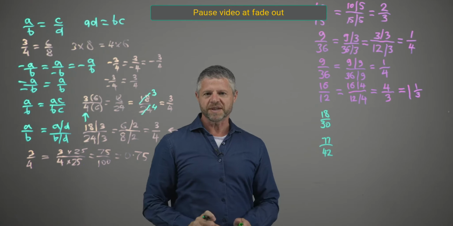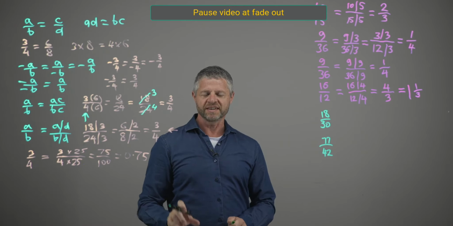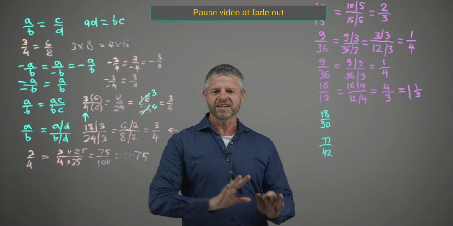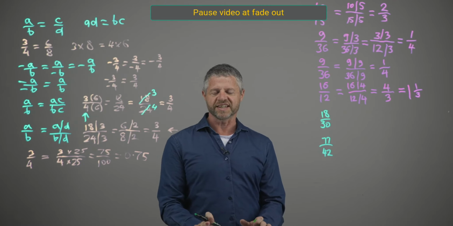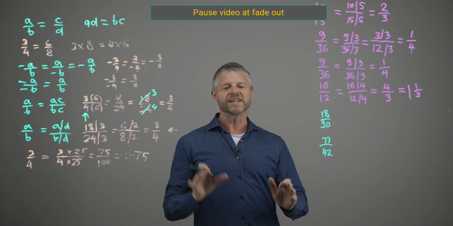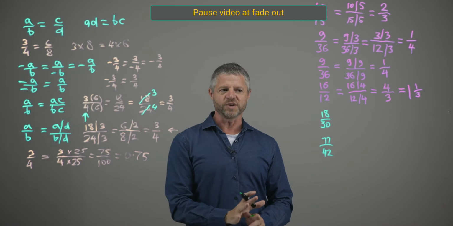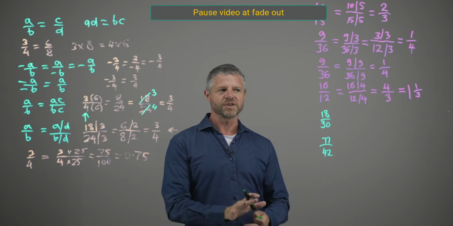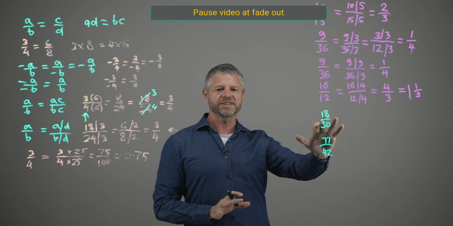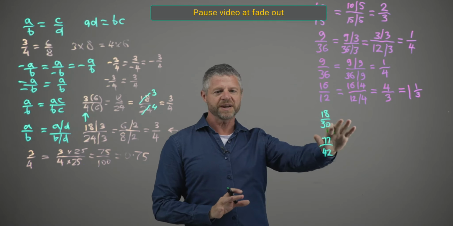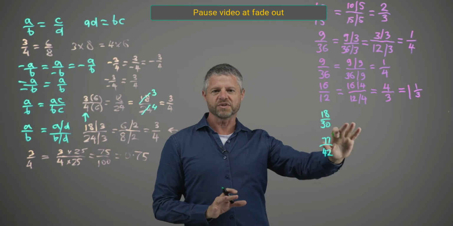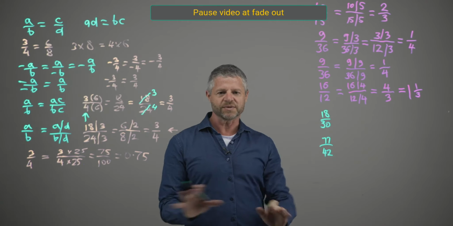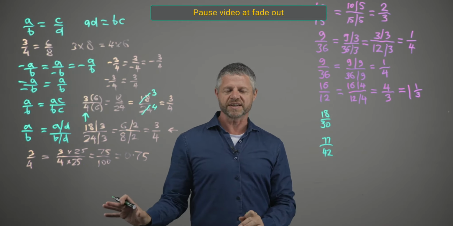And you really ought to be able to do these without a calculator. If your instinct is to go to the calculator right away, try and resist that instinct, because it really is going to help the way you work and the speed at which you work if you can start to do these kinds of calculations just with a pen and paper and work them through, knowing your times tables and figuring out the answers without immediately going to the calculator.